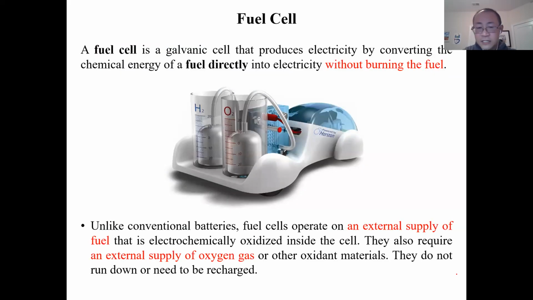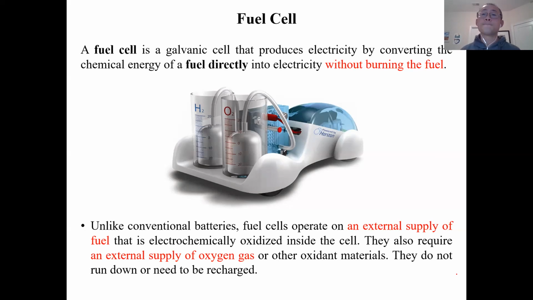Now, next, when we talk about batteries, normally we know that the battery or galvanic cell is a device in which the reactants and products are inside the device, and of course, the reactants themselves will realize a transfer of electrons so that we have electricity.